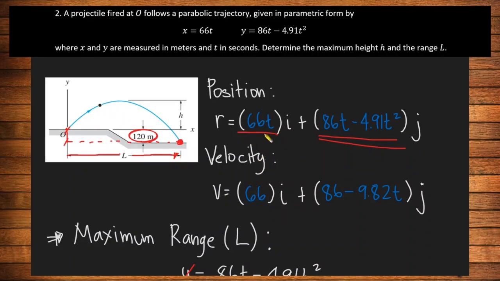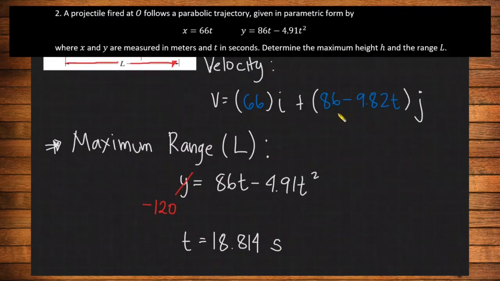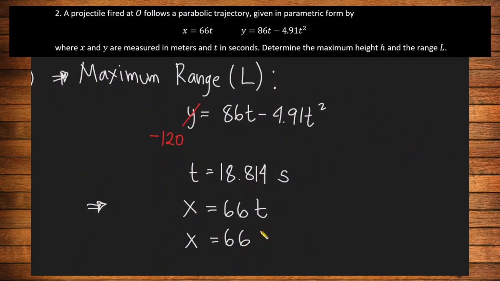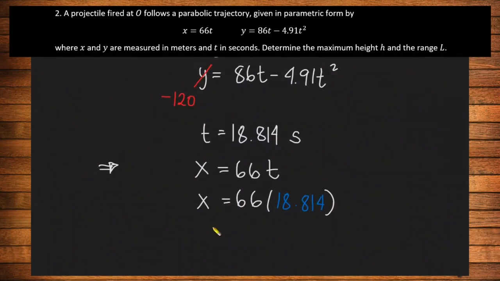Kasi yung L or yung maximum range natin is along the horizontal x direction. So x, that will be equal to 66t. So again, substitute lang natin yung time na 18.814. We will get the value of our maximum range equal to 1,241.72 meters. Okay, that's it.